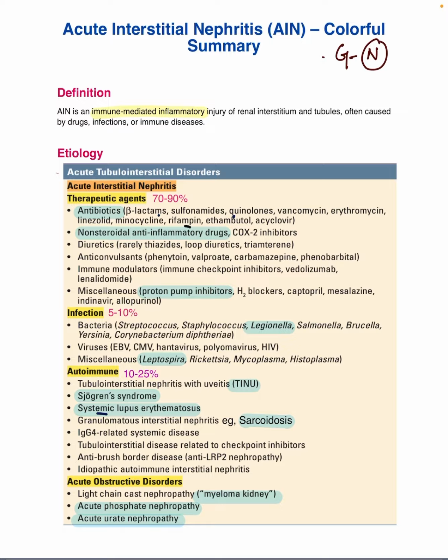So, AIN is primarily a tubulointerstitial disease. It does not involve the glomerulus. Here, the glomerulus is normal. If the glomerulus is affected, then it is called glomerulonephritis. But in AIN, the disease is mainly in the renal interstitium and tubules.